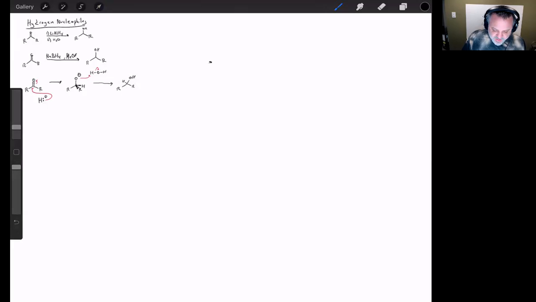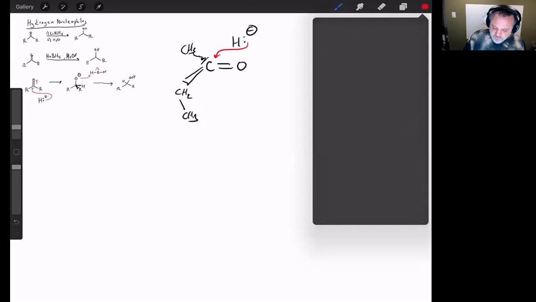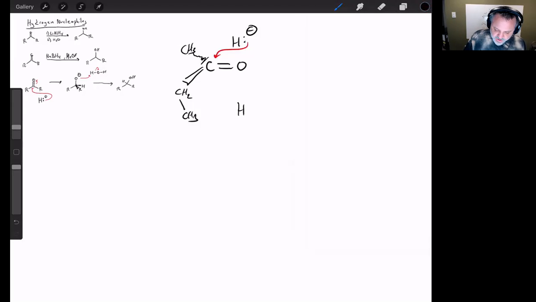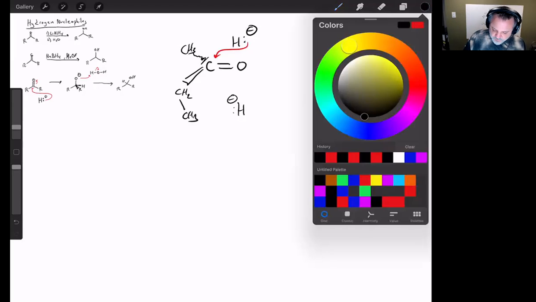And so if I have a trigonal planar carbonyl group and I'm going to add hydride to it, the hydride can react from above or the hydride can react from below.